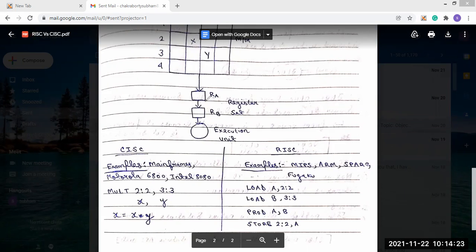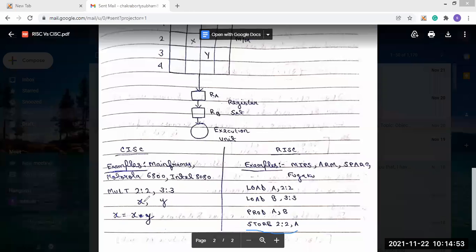The final product is stored into register A, and then from register A we transfer it to the memory again. That's why you see STORE. Now the final product is present in A, so it will be transferred into the 2:2 location. Why the 2:2 location? Because the 2:2 location is of X, and we are performing X into Y.